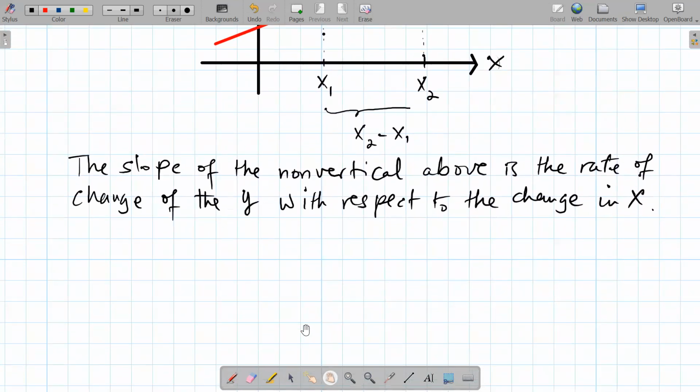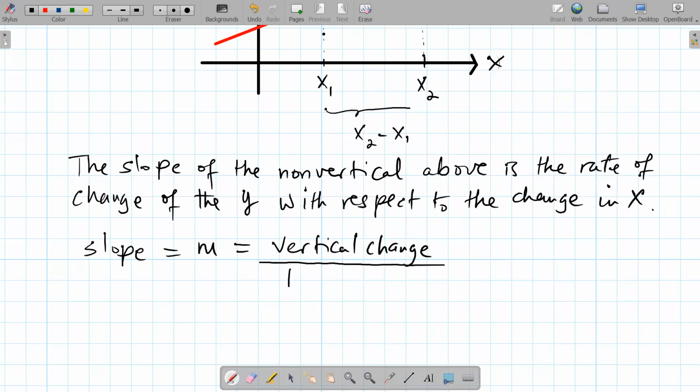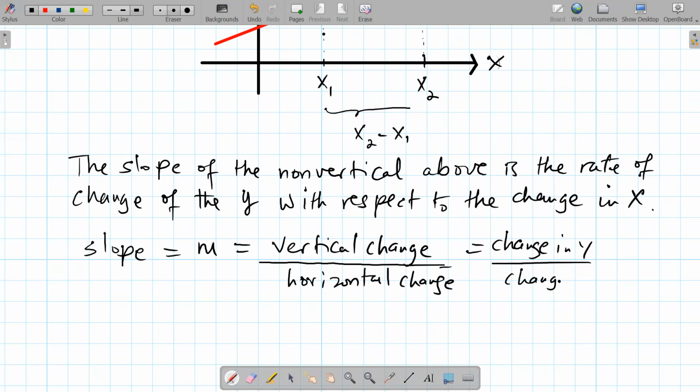Normally in this class we're going to use m for slope. So the slope will be m, and this is what we call the vertical change over the horizontal change, or simply the change in y over the change in x, which of course we also know as the rise over the run.